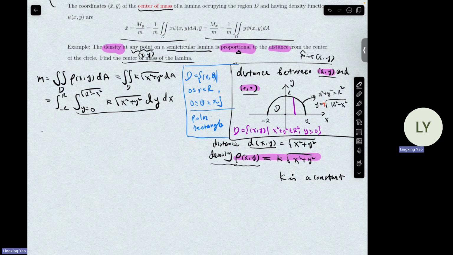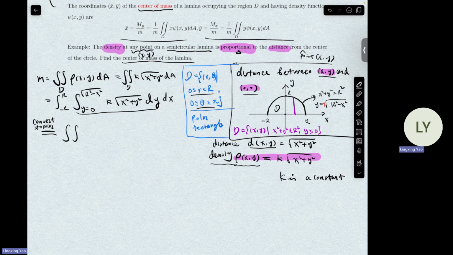So let's just do that. Convert to polar using r and theta. We can integrate with respect to either r or theta first, that doesn't really matter.